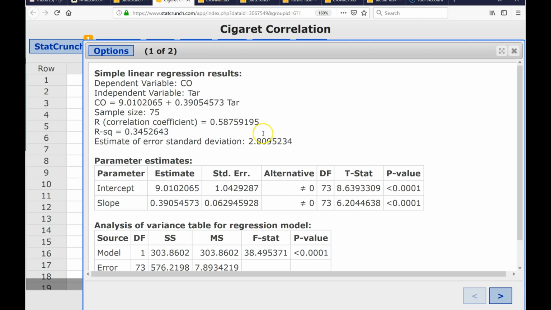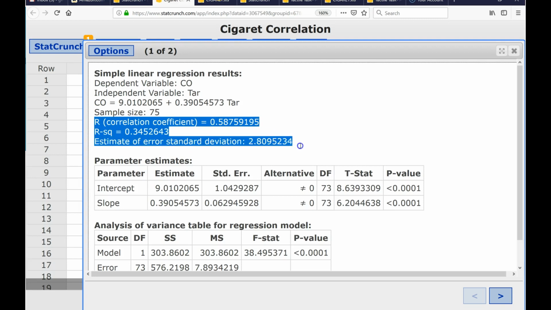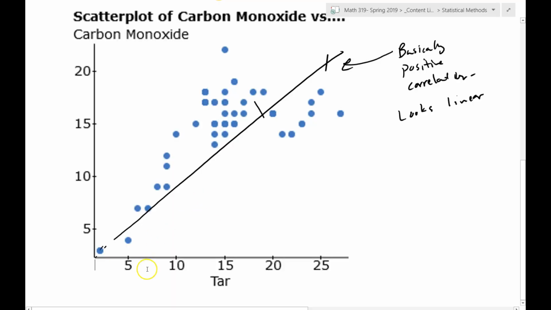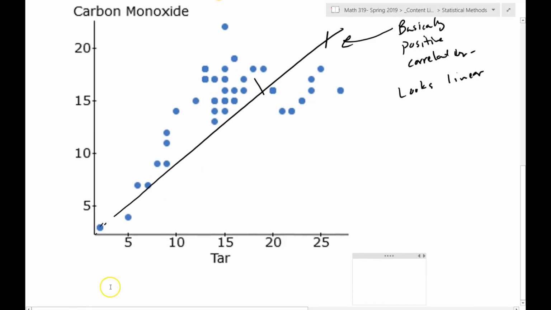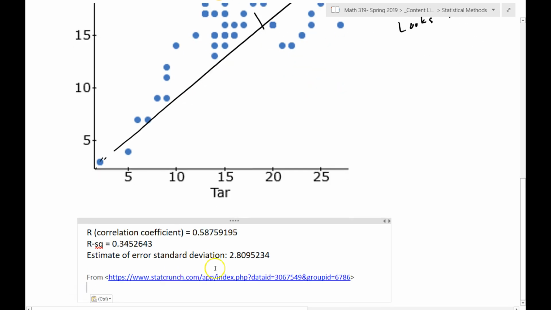Now, what I'm really concerned with is these things here, at least for the purposes of what we're going to be talking about. It's the correlation coefficient, and what's called our coefficient of determination, or variation.